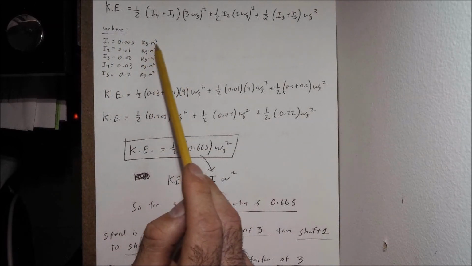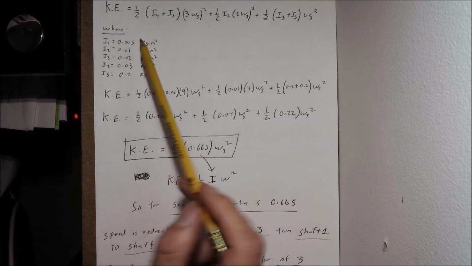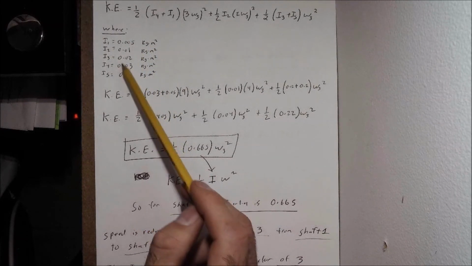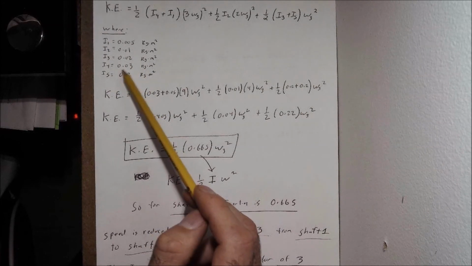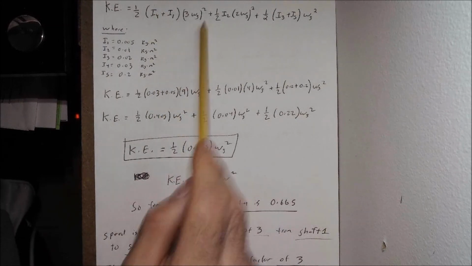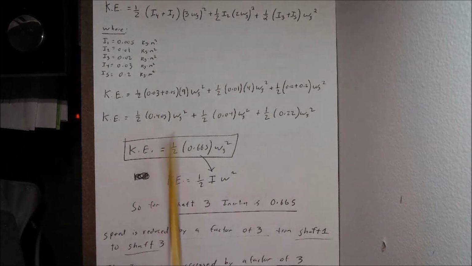My units are in kilograms per meter squared. So I can take each of these. I1 is equal to 0.005, I2 is equal to 0.01, I3 is equal to 0.02, I4 is equal to 0.03, and I5 is equal to 0.2.